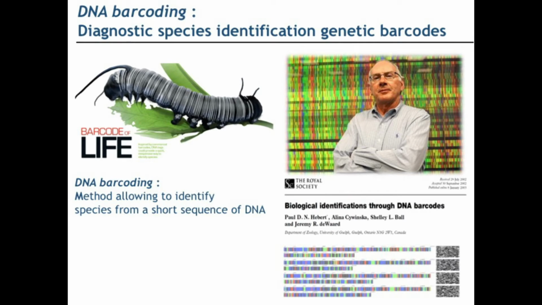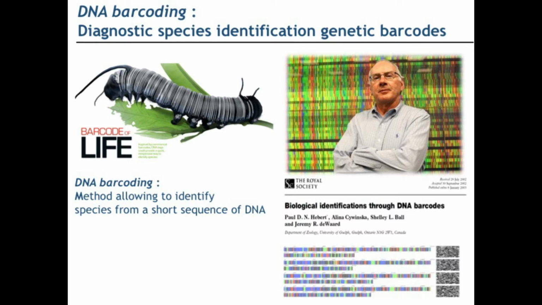That led Paul to propose the concept of DNA barcoding back in 2003. Basically, as a diagnostic species identification, genetic barcodes to rapidly and efficiently identify species based on genetic variation in DNA.